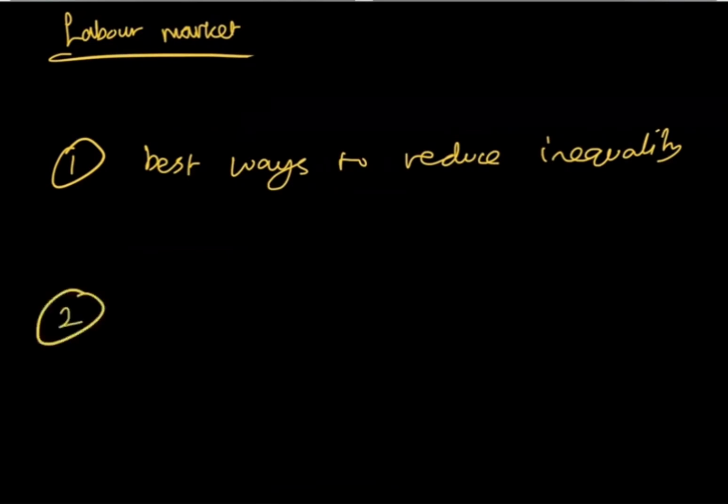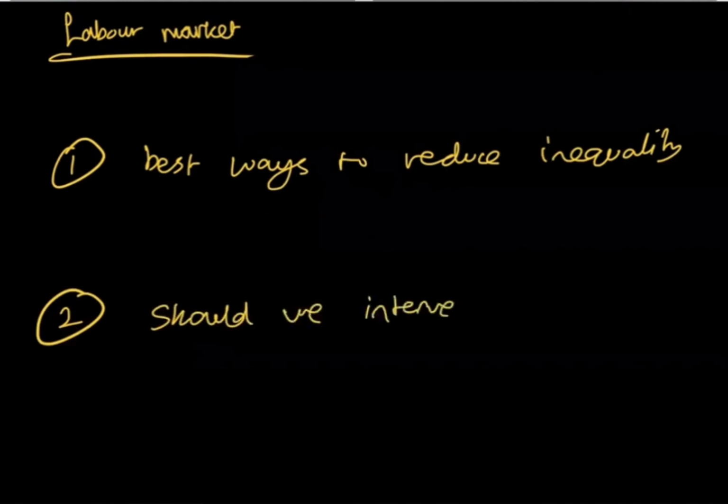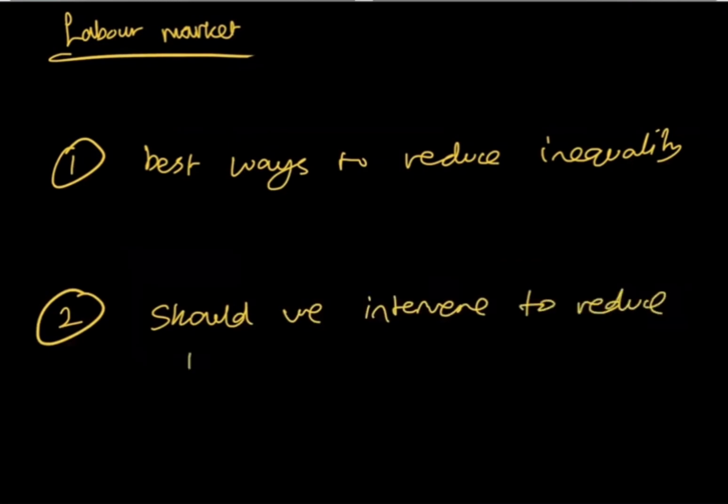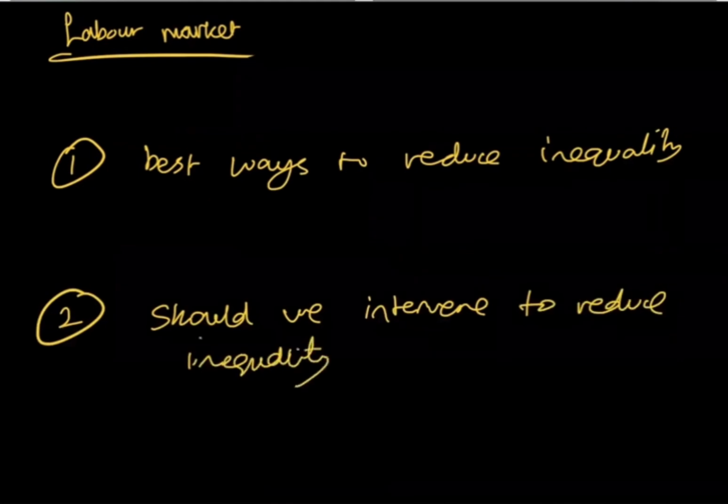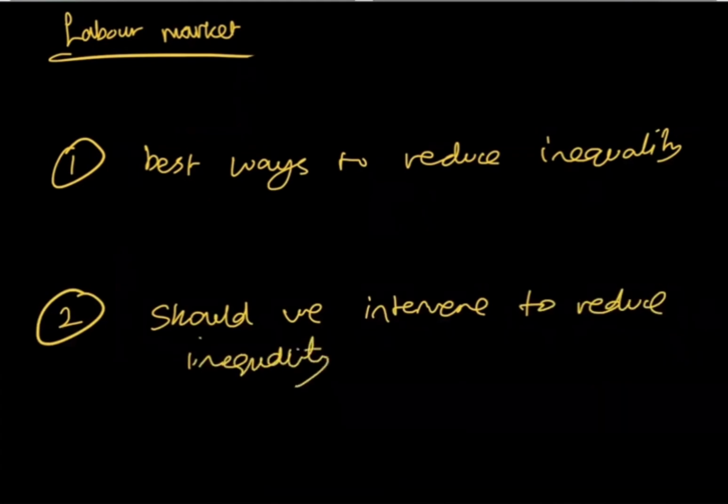The second one is they always ask, should we intervene to reduce inequality or leave it to the free market? So everything we do now, they should relate back to these questions in some way, which makes it easier to understand them. These are like your 25 markers that they ask.